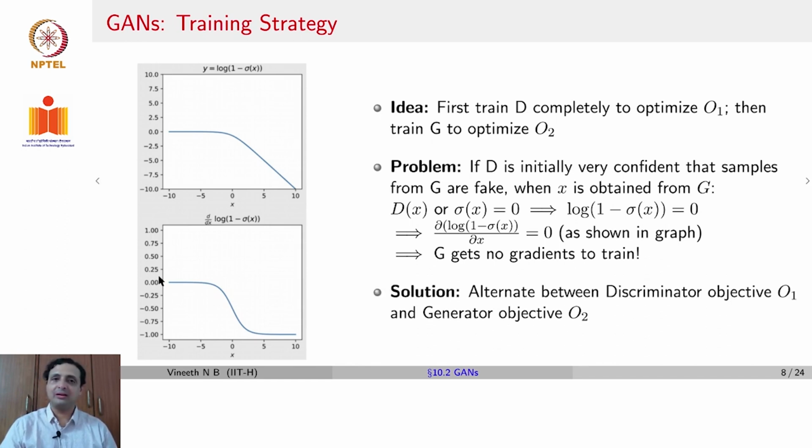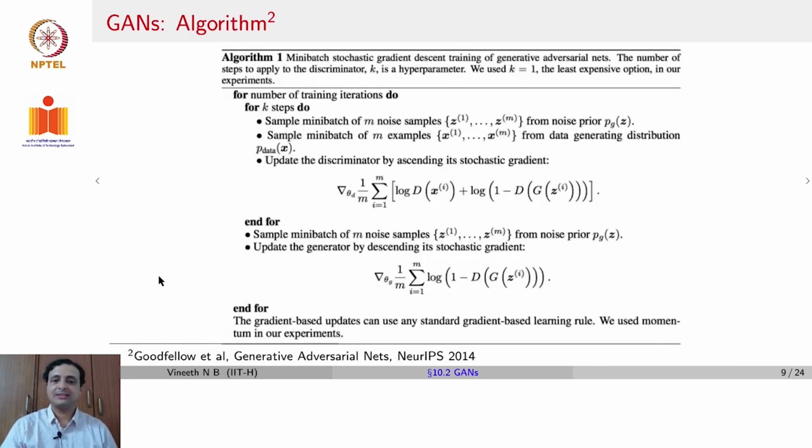We want to alternate between training the discriminator and training the generator using objectives O1 and O2 respectively. Let's try to see how this is done in the algorithm for GANs.